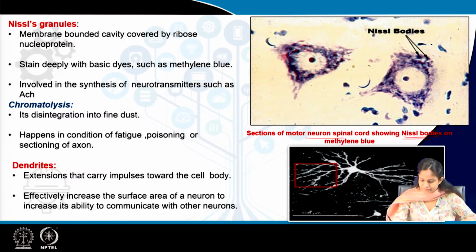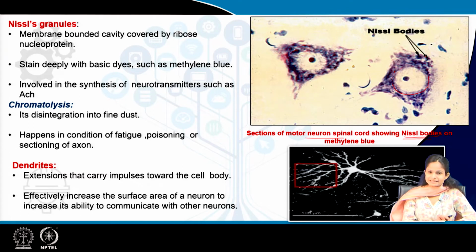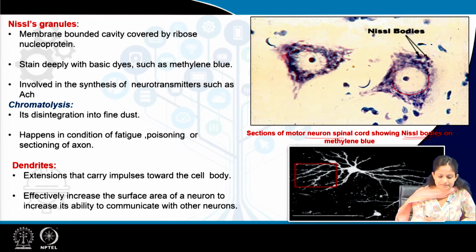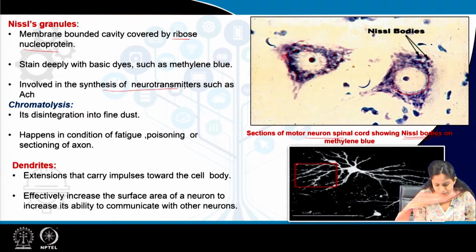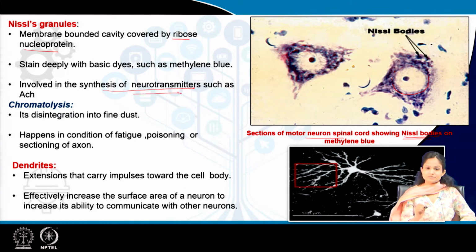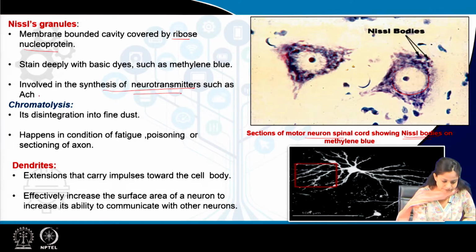You can see this is a membrane covered area, and these are the Nissl bodies. These Nissl bodies are covered by RNA protein, that is ribonucleoprotein, which is stained by a basic dye, that is methylene blue. The role of these Nissl bodies is very important because they are involved in the synthesis of neurotransmitters like acetylcholine.